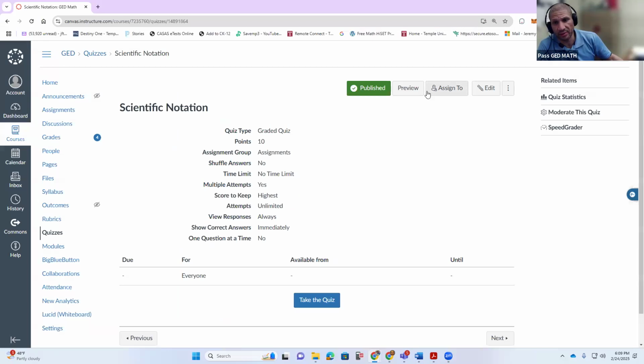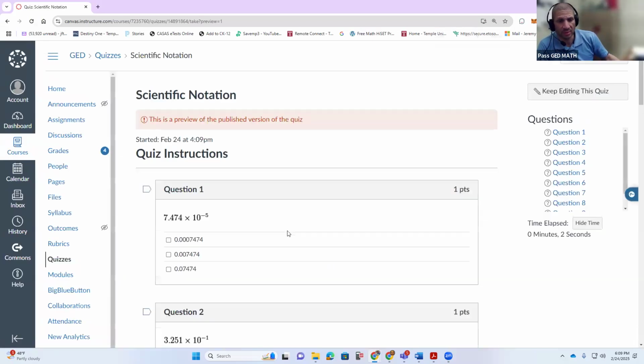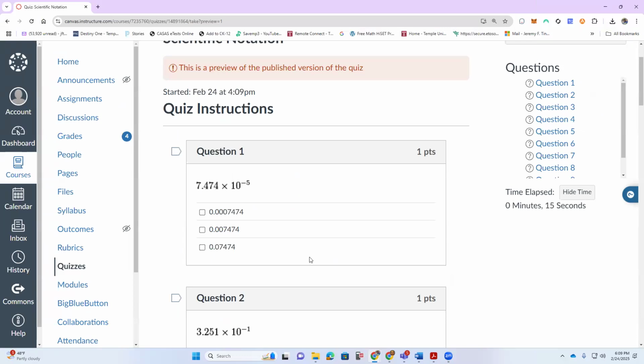Let's see what we got here. Okay, what is 7.474 times 10 to the negative fourth? Is it the first option, the second option, or the third option? The first option.